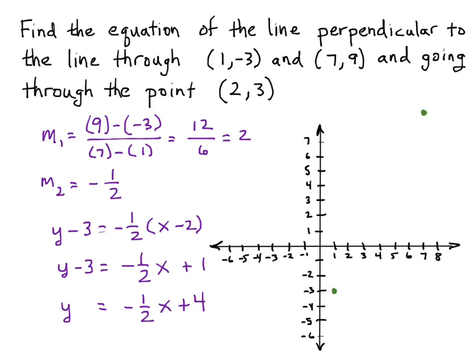Second point is 7, 9, and we'll draw a line through that, and then here's our point that we want to go through, which is 2, 3. And when we actually find the equation of the line, we notice that the intercept is 4. So if I put a blue dot there, you can see that these 2 points belong on the same line. If I draw a line between the two of them, it looks like these are perpendicular.